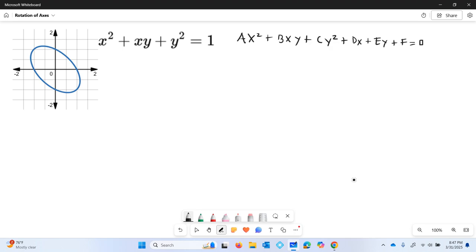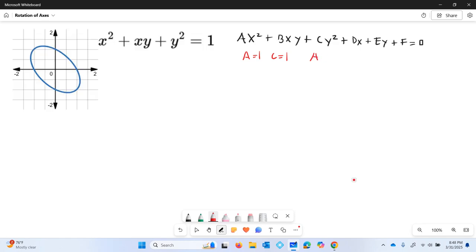So for this one, for instance, we can just use the product of A and C, because it's positive, it's going to be an ellipse. So here you have that A equals 1 and C equals 1.